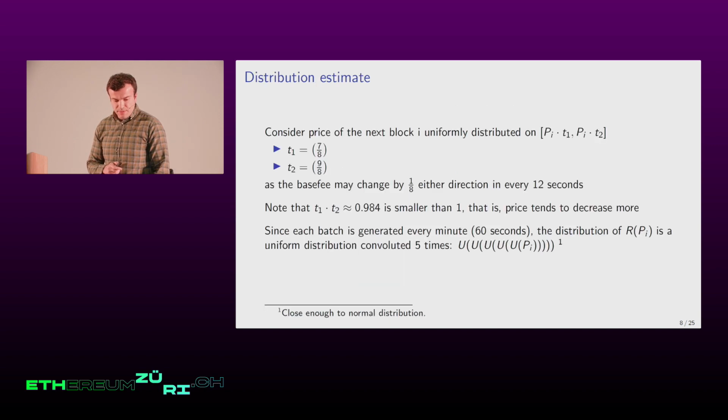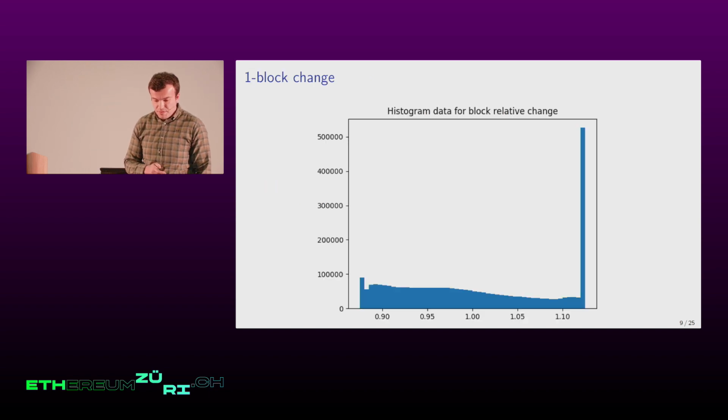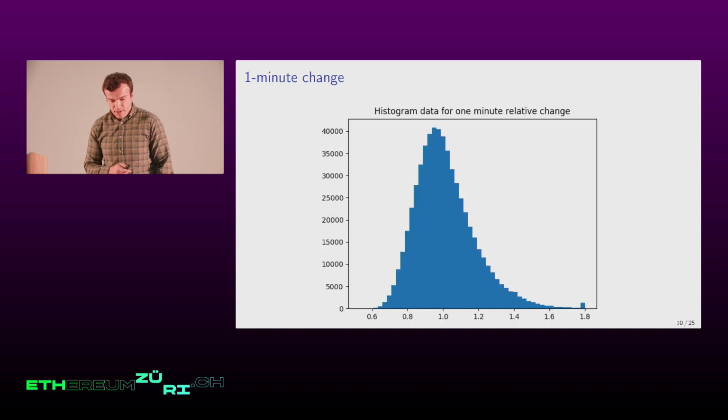And actually I skipped this part here, that the product of these 2 numbers, T1 and T2, is less than 1. So this is again coming from the EIP 1559 transaction fee mechanism. But anyway, as we see here, the normal distribution is a good approximation of what is happening to the price when Rollup comes next time to post a batch.